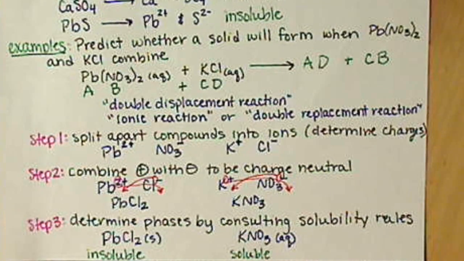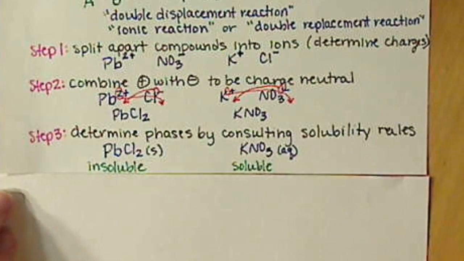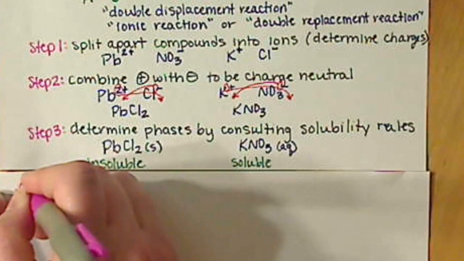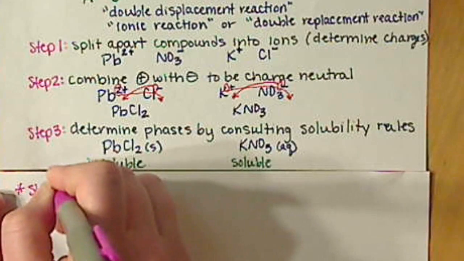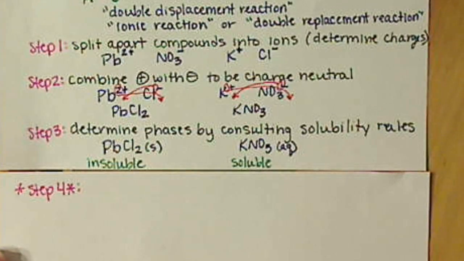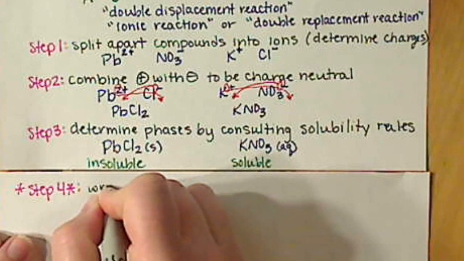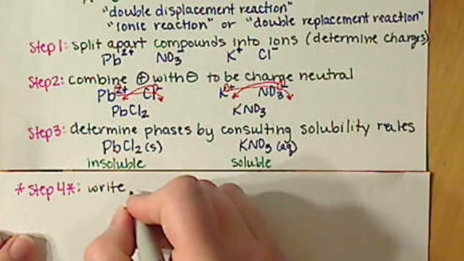Well, let's go ahead and do that. That's a good practice for us. Let's call this an asterisk step 4. Not really asked for in the question, but definitely worth us looking at, as we want to write a complete balanced chemical equation.